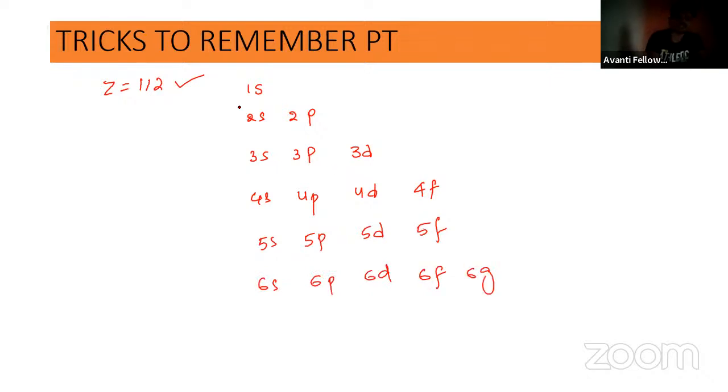Very, very most important. Now, this particular diagram is called the Moeller diagram, or we can also say filling the electrons in the increasing order of the electronic configuration. Okay, I hope everyone understands this one, right?